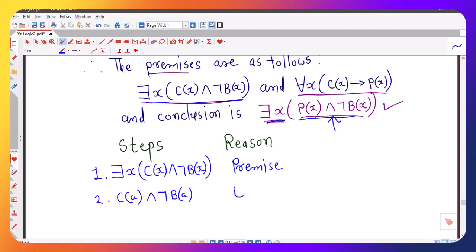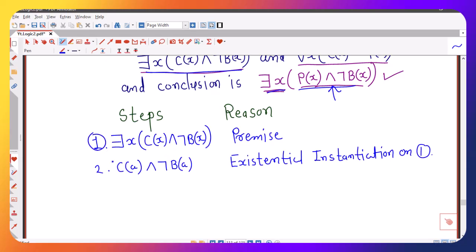So what we are using is existential instantiation on step 1 or on statement 1. We can use brackets if we wish.